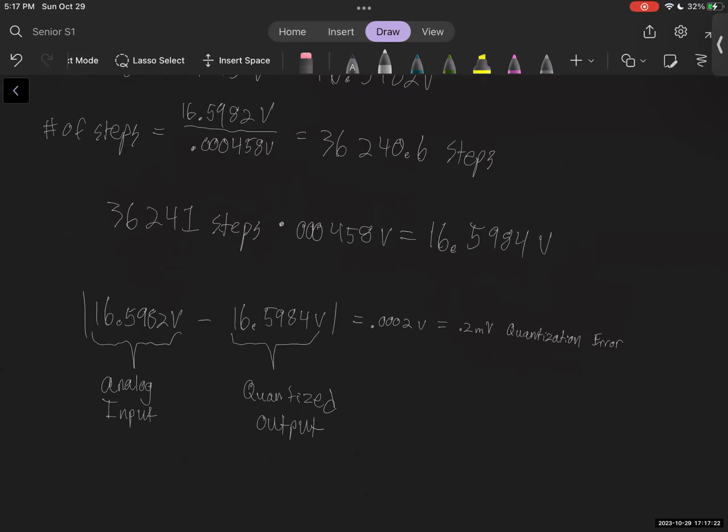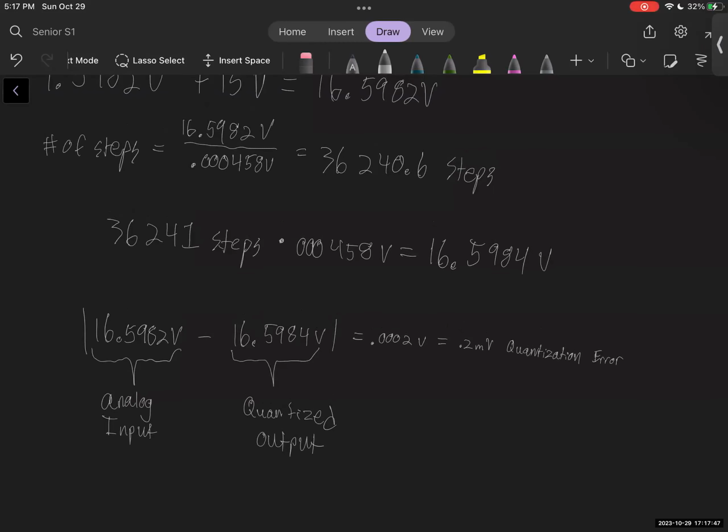Hi, I have a question. Since we don't have a calculator, how much would you say we need to simplify? Like for 16.9592 divided by 7.000458, would that be acceptable to leave it at that?